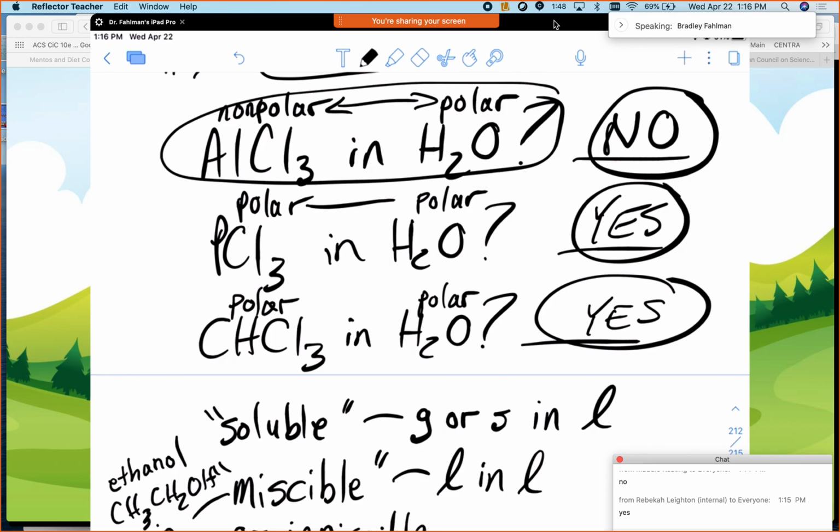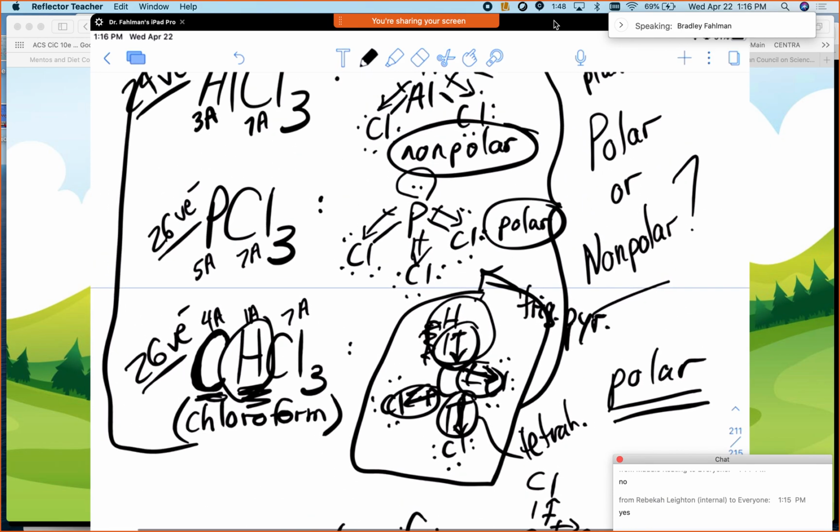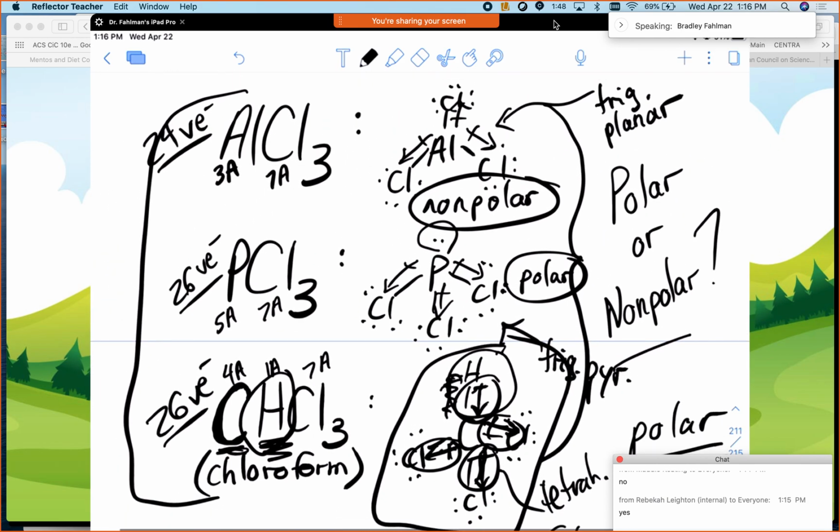And if they do, then they're soluble. The other question would be where I give you a molecule and ask, is it polar or nonpolar? For that you have to do the Lewis structure, its shape, and then look at those dipoles and see if they cancel or not.